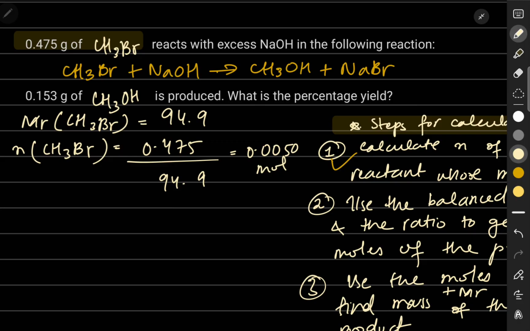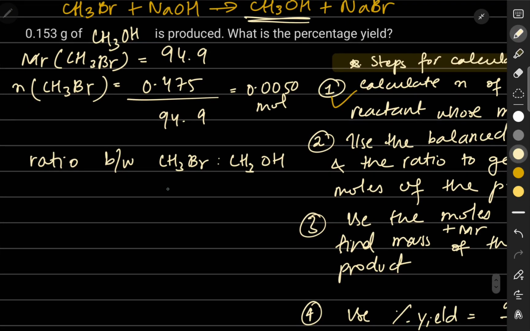So the equation gives me a ratio between CH3Br and the main product, which is this. It gives me a ratio of 1 to 1. So the ratio between CH3Br and CH3OH is 1:1.